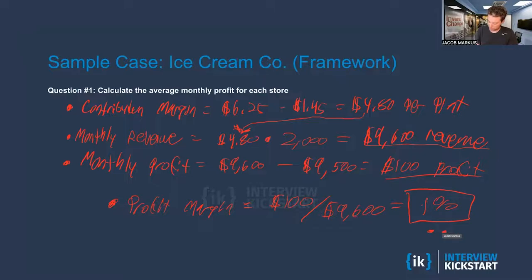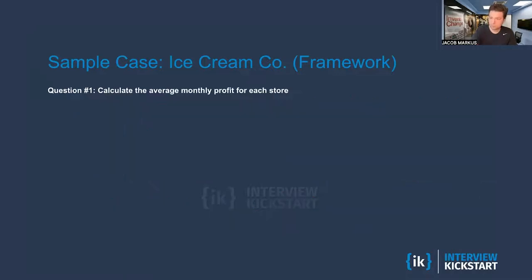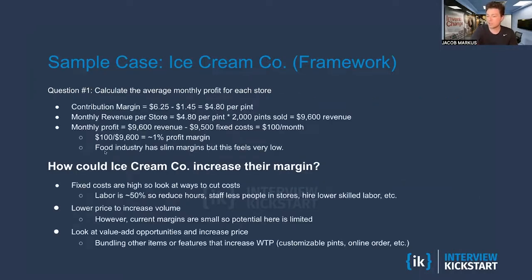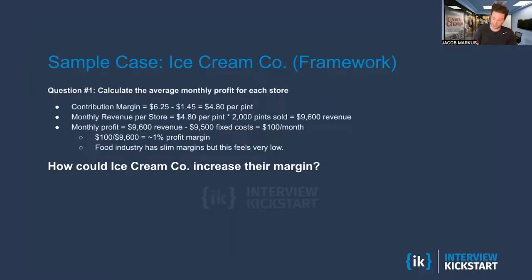So I might put a sad face there. Because again, if one of these drivers or variables changes, or we have a tough month in sales, that could easily become negative. So here are those calculations again in more detail. And the point here is that even for the food industry, that's a pretty slim margin.